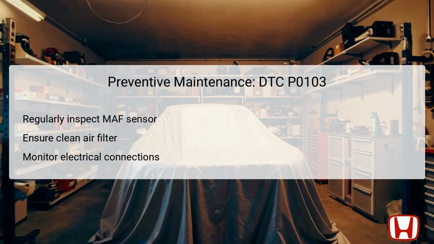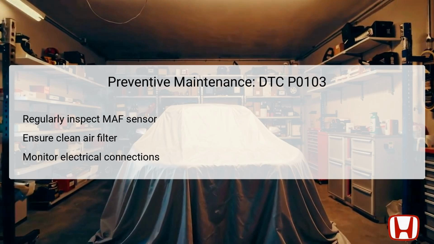To prevent future occurrences of DTC P0103, performing regular maintenance on the MAF sensor is advisable. Routine inspections might include checking for dirt or debris that can impede sensor function. Ensuring that the air filter is clean is critical for optimal performance. A clean air filter helps maintain accurate airflow readings and ensures that the sensor remains unaffected by contaminants that could skew data.